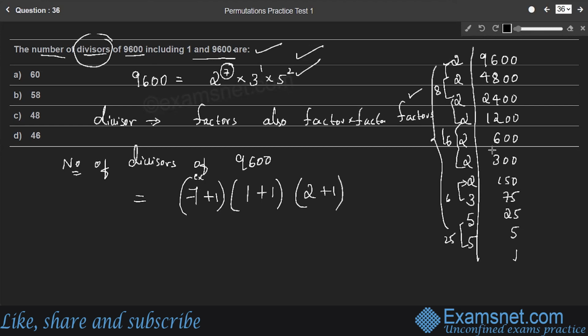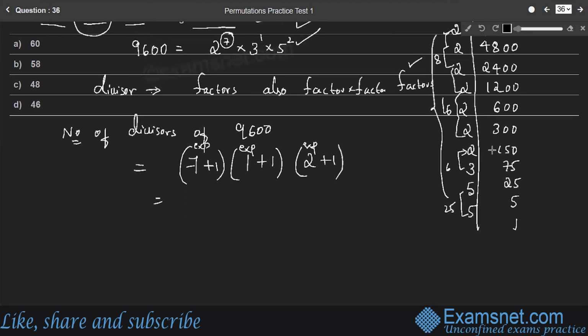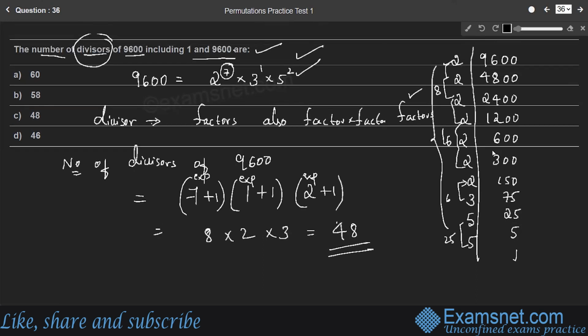Here 7, 1 and 2 are exponents. These numbers, showing how many times the factors are repeated, are called the exponents. So 7 plus 1 is 8, into 2, into 3, which is 16 into 3, is 48. Therefore, there are 48 divisors of 9600.